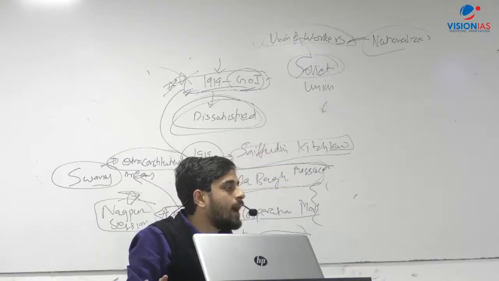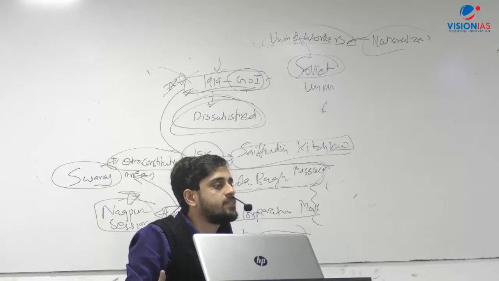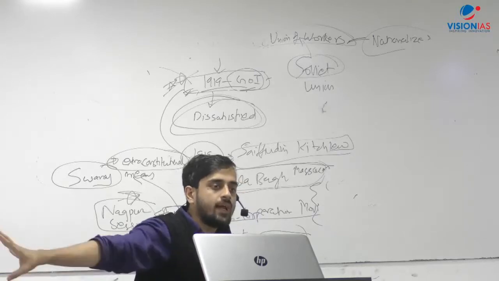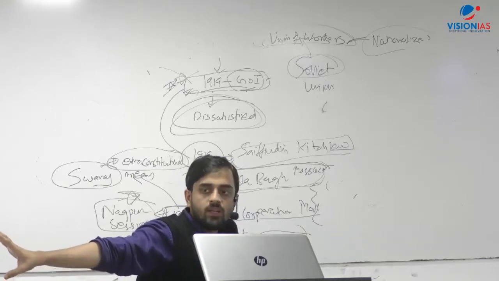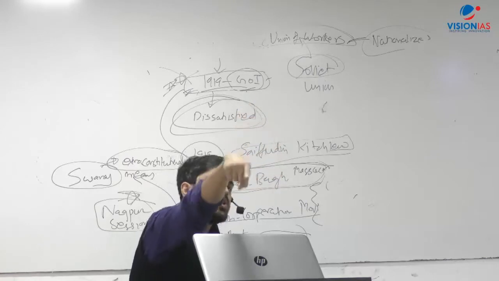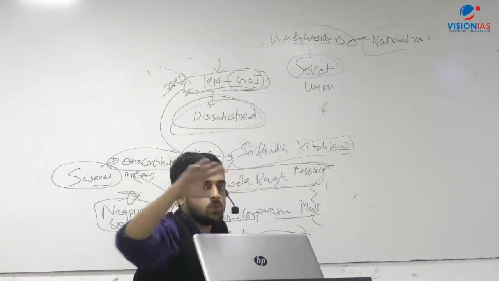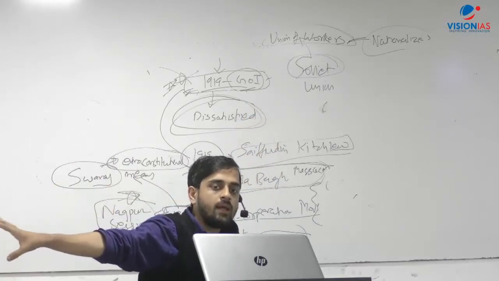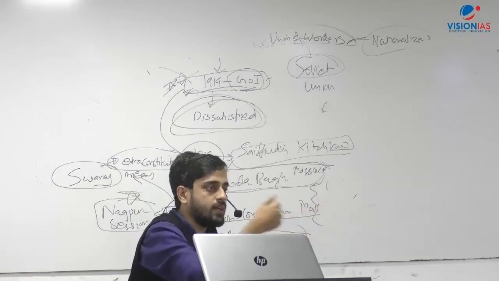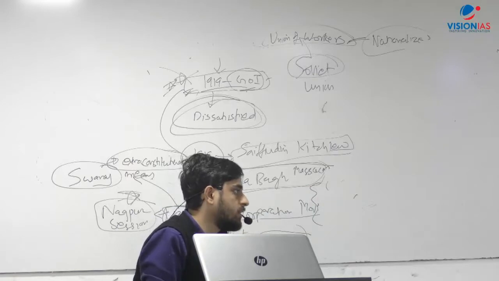The Congress was in a fix. If the Congress had sidelined and refused to enter into any negotiations with the Muslim League, they would have said, listen, we always told you that the Congress always wanted to sideline the minorities, and this is their proof, their arrogance, that they're refusing to even enter into cooperation with the Muslim League.